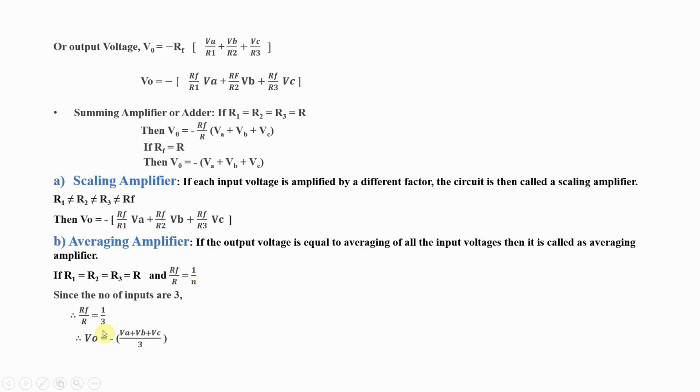Putting these values in this equation, V0 is equal to minus (VA plus VB plus VC) divided by 3. This equation indicates that the output is the average of the input signals.